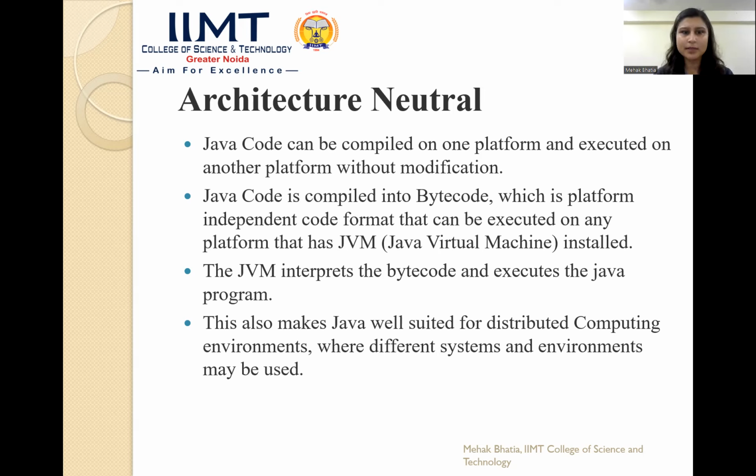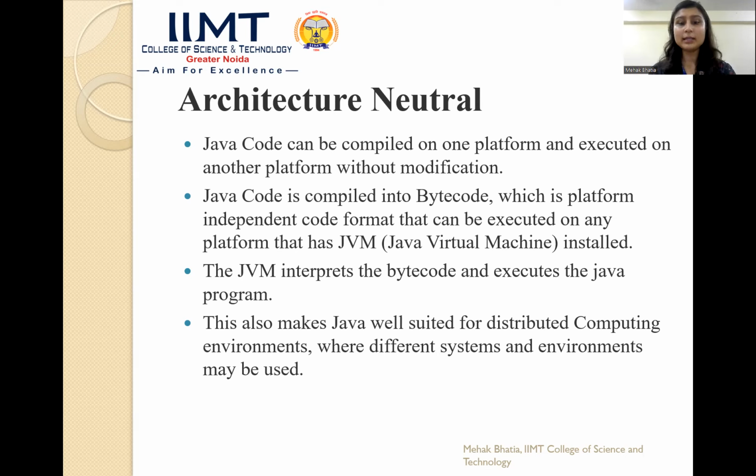As we have seen in the previous slides, the Java code is compiled into bytecode, which is platform independent code that can be executed on any other platform that has JVM, which is Java Virtual Machine. So we can compile the code on one platform, which converts it into bytecode, and that bytecode can be run on any other platform with the help of JVM.